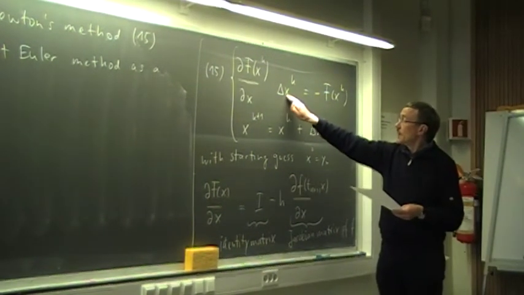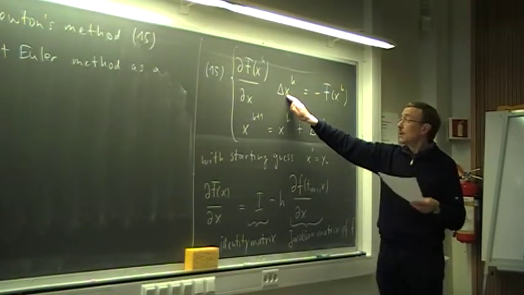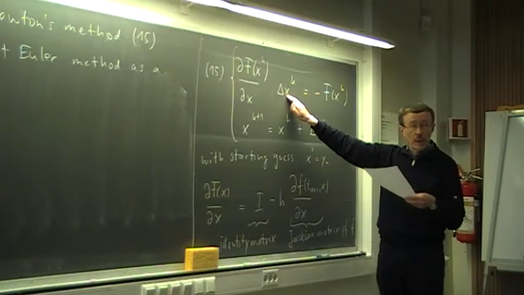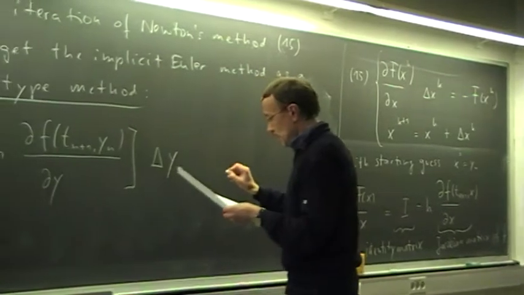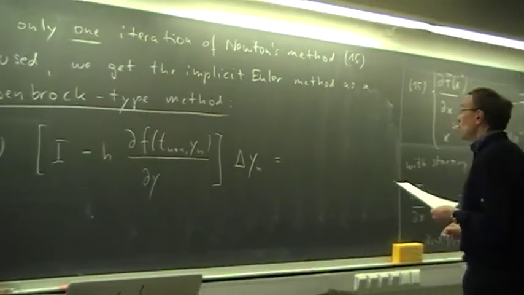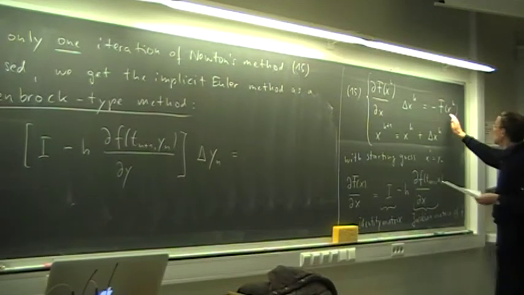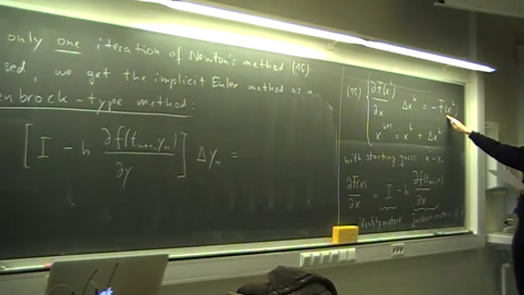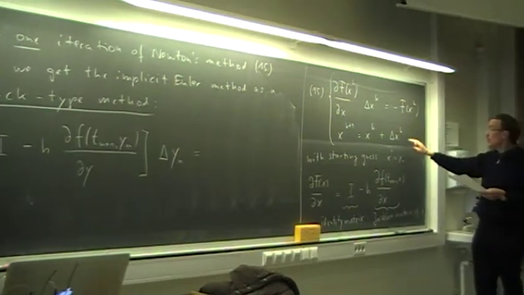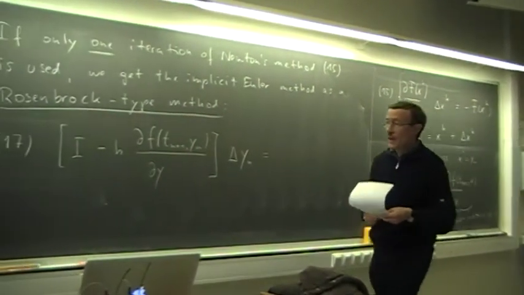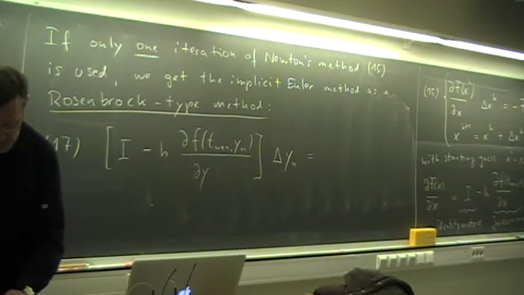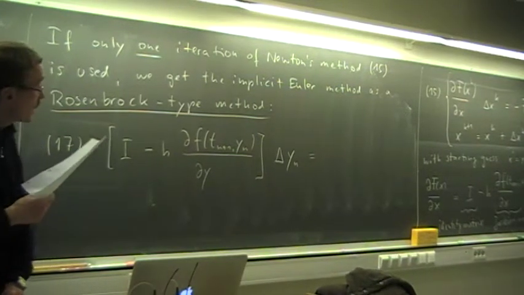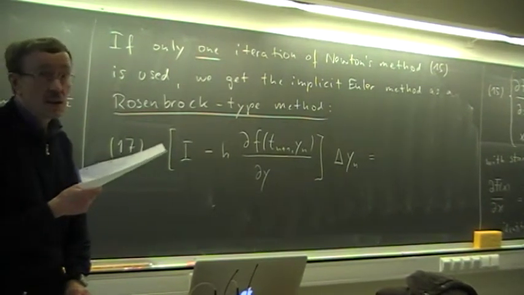So that is what we're using. So that is multiplying delta x, which is now, in our case, the yn plus 1 minus the yn. So we can call it delta yn. Change in the solution. On the right hand side, we have the minus f of x. Now I took away the f of x. But if you look at your notes, the minus f of x, it was equation 14, that would be minus f of yn in our case.